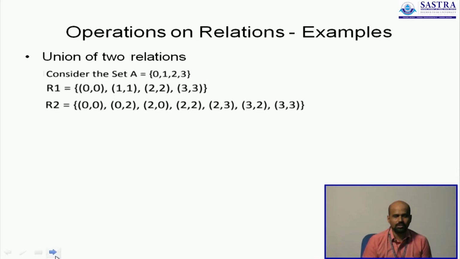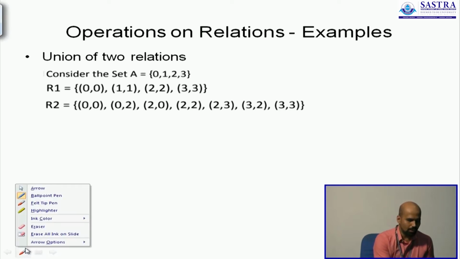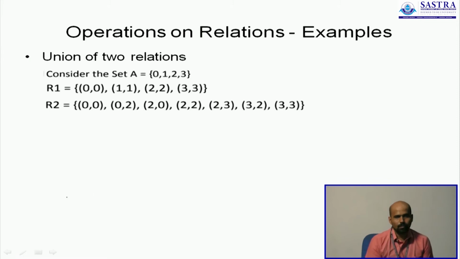On your screen is a simple example of the same concept. We have considered a set A having elements 0 to 3, and we defined two relations R1 and R2. So what do we say about the union now? The union should include all ordered pairs without any repetitions.